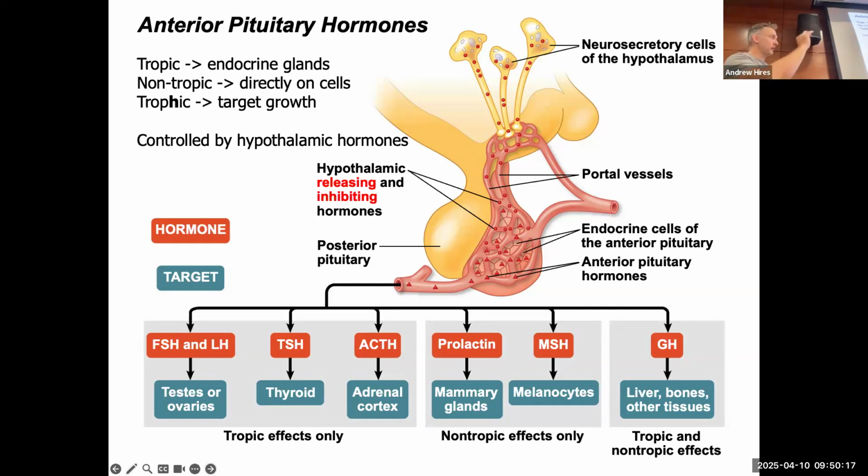It is a trophic hormone because it is impacting the growth and activity of tissues. So this is going to target a wide variety of structures. It's going to cause the liver to produce insulin-like growth factors, which are going to then increase growth of the body, lengthening of bones, if the bones are able to be lengthened, if you're at the appropriate point in development.